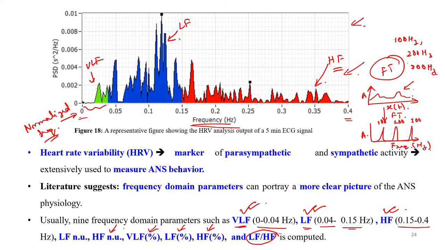This LF by HF ratio is a marker of sympathetic or parasympathetic dominance of the cardiac system. So from the analysis of the LF by HF ratio, we can say whether there has been an activation of the parasympathetic system or of the sympathetic system.